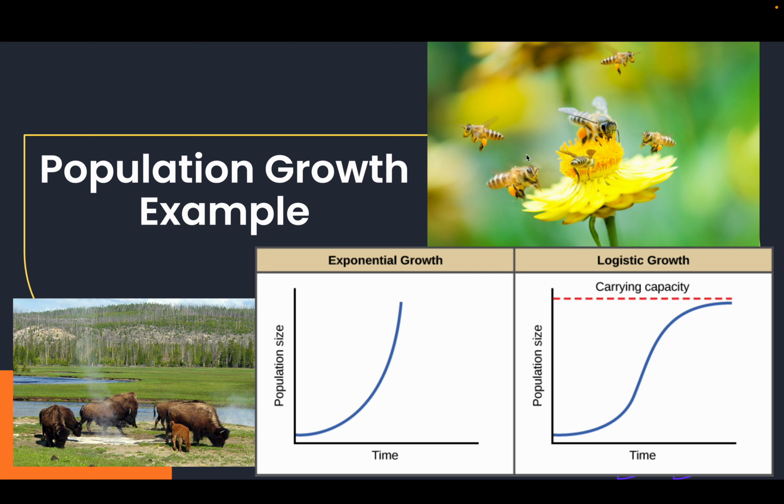Imagine right here, the bee population as well. If they have food and a lot of space, they can grow at an exponential rate as well. On a standard plot, like right here, population versus time, exponential growth is a J-shaped curve because it's growing exponentially.